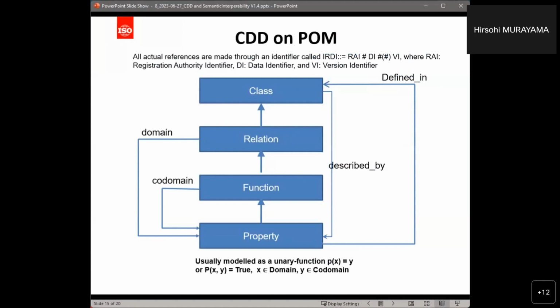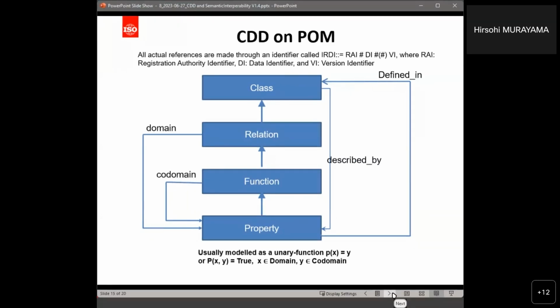A specialized one of the relation is a function, and property is just a function. And classes describe the properties. When you have arity 0 of the function, it is the constant. Individuals are in fact the function of the arity 0. So everything is the specialization of the class.